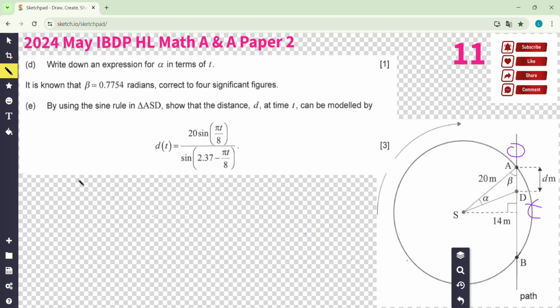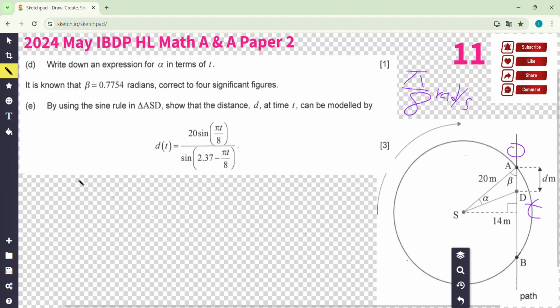Alpha is the angle traveled, right? How long it takes is time t. Remember, we worked before that the angular speed is pi over 8 radian per second. In 1 second, pi over 8 radian.